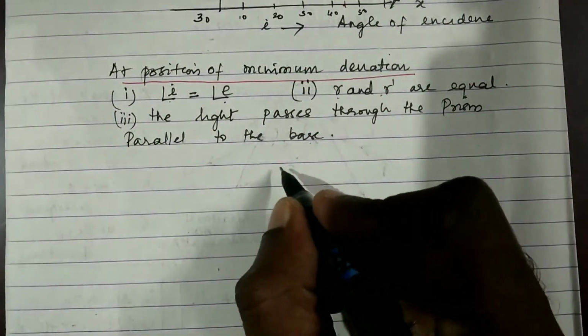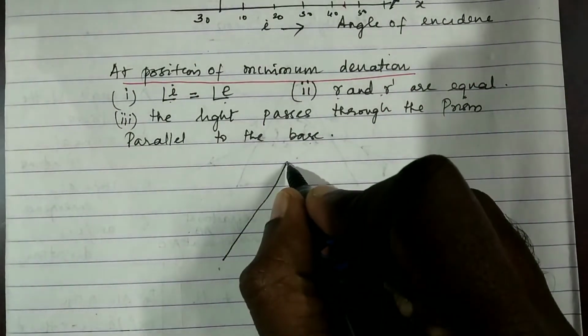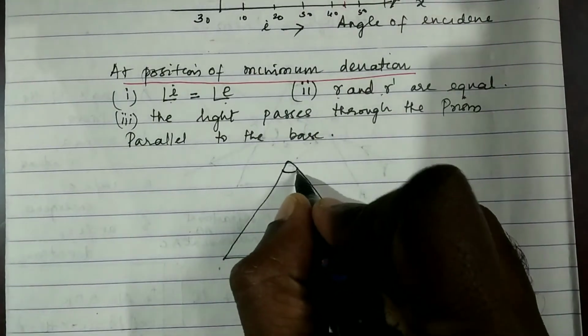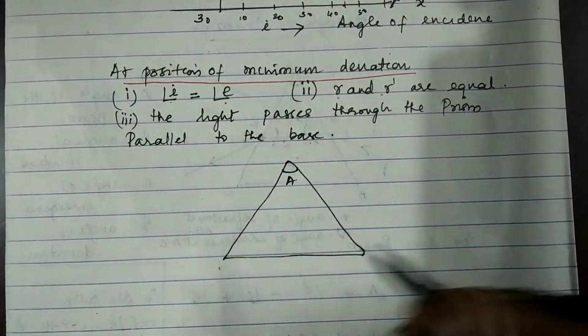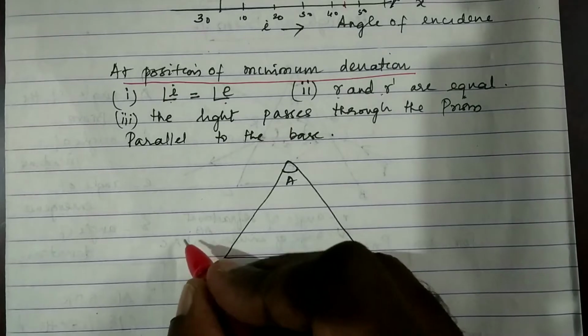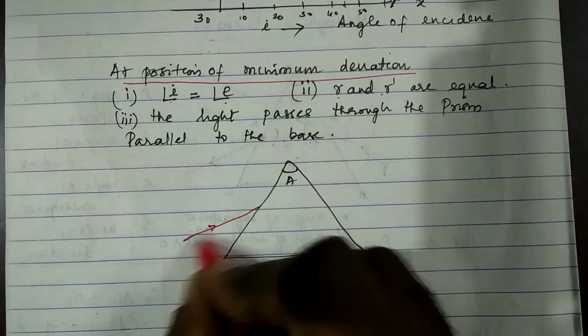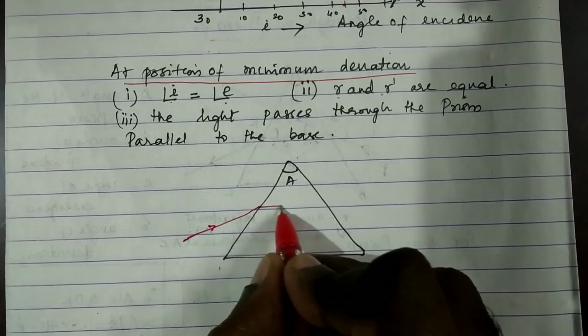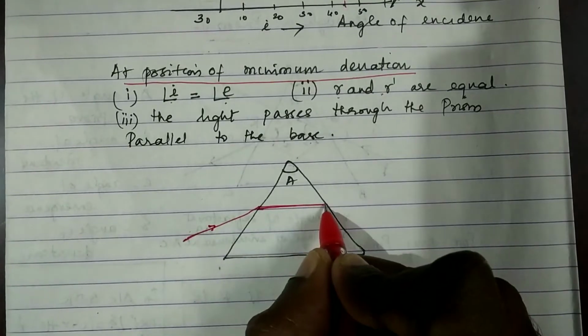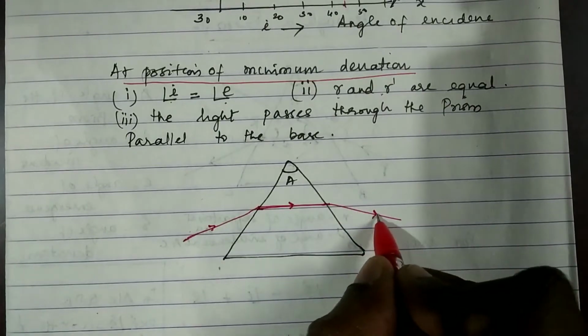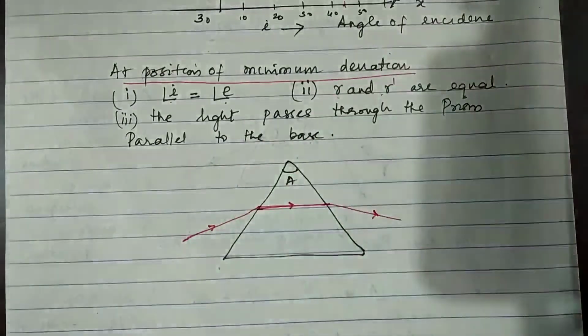One more time, see, this is the prism. This is the angle of the prism. This is the incident ray, let this be PQ, and at the position of minimum deviation I have to draw the normal.